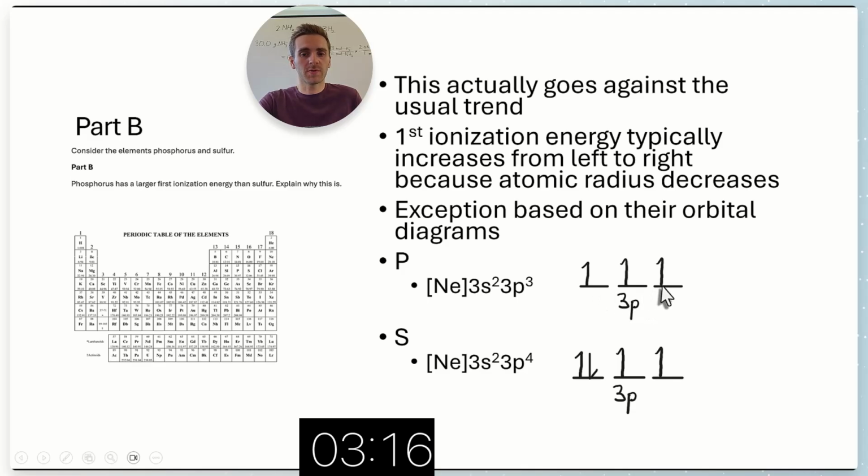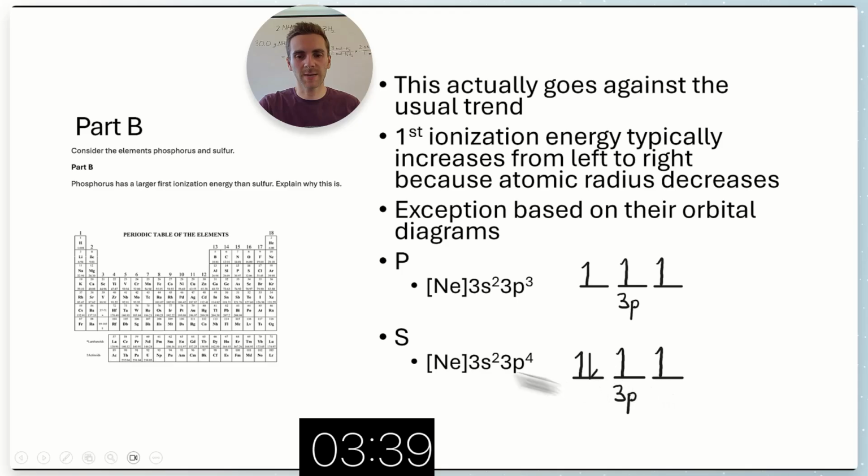And so to remove an electron would disrupt this and destabilize it, whereas sulfur doesn't have an especially stable orbital diagram, and in fact, if it lost this 1 electron, that would make it more stable, because it would essentially obtain the orbital diagram that phosphorus has.